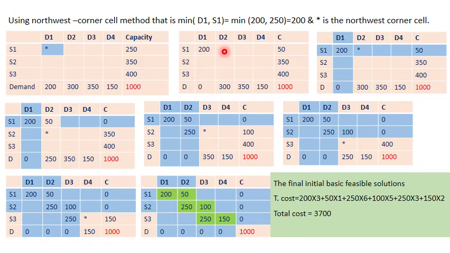The next northwest corner cell is this one. For this cell, the corresponding values are 300 and 50, and the minimum of 50 and 300 is 50. So we put 50 here.